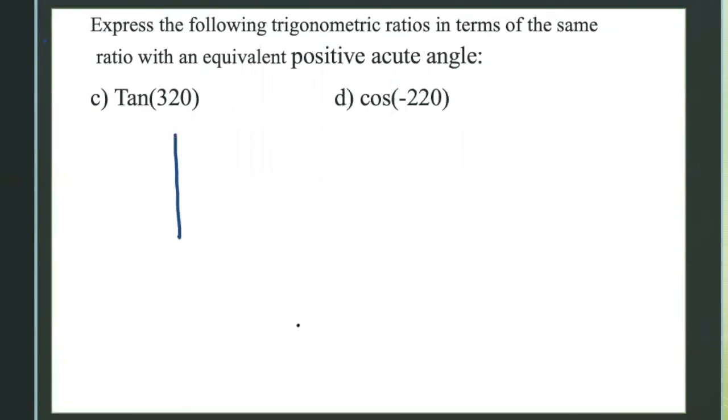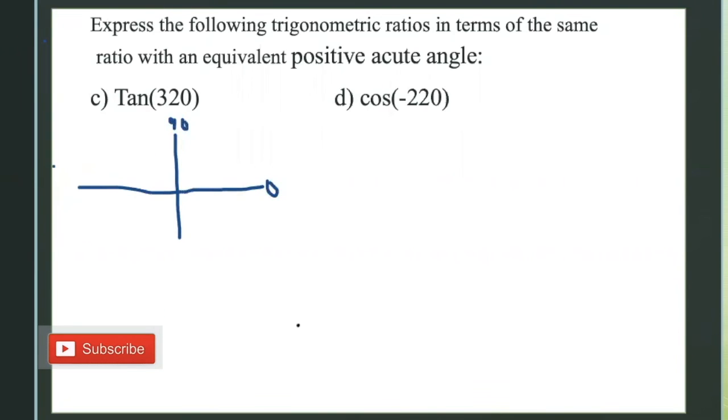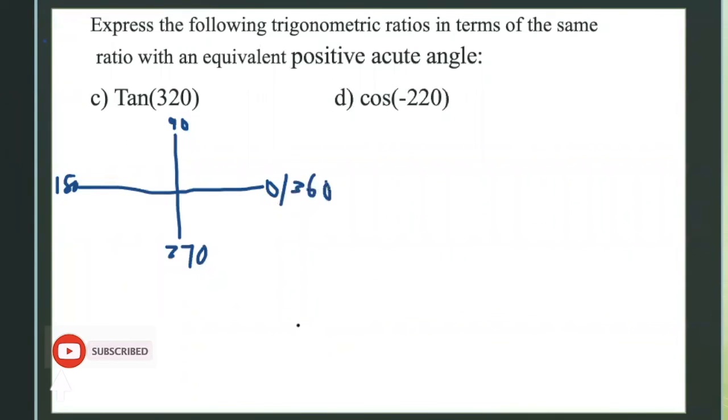Tan 320. What we're going to do is, once again, label my quadrants and have my angles. It's going in an anti-clockwise direction, hence the reason for me labeling it as you're seeing it. 320 degrees is in my fourth quadrant, and we know only cos is positive here, so I'm expecting tan 320 to be a negative value.